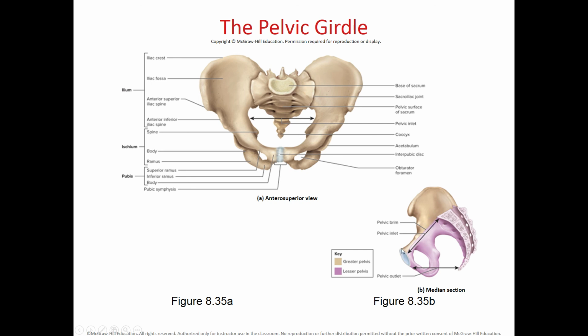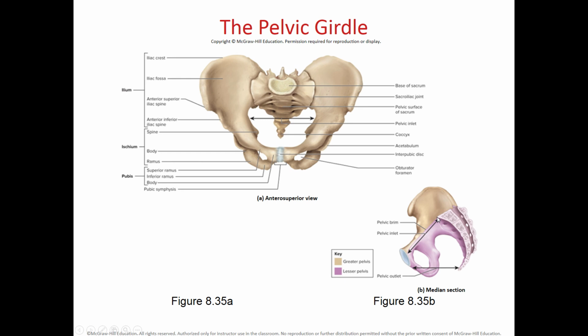So this is the pelvic brim, and above the pelvic brim in this beige color is the greater pelvis, and below this pelvic brim or pelvic inlet, this will be the lesser pelvis, and this will be the pelvic outlet, while this is the pelvic inlet between the sacral promontory.